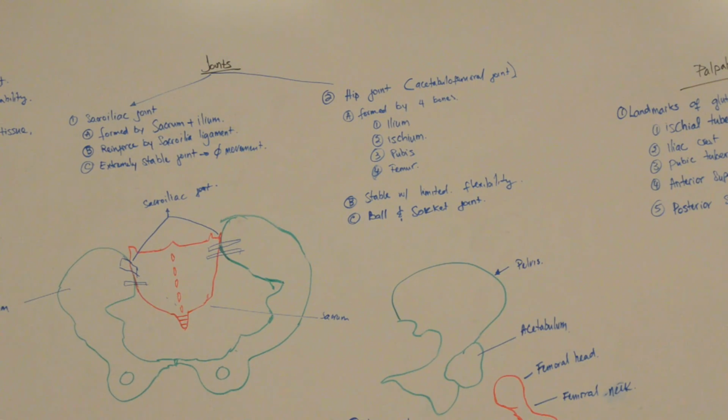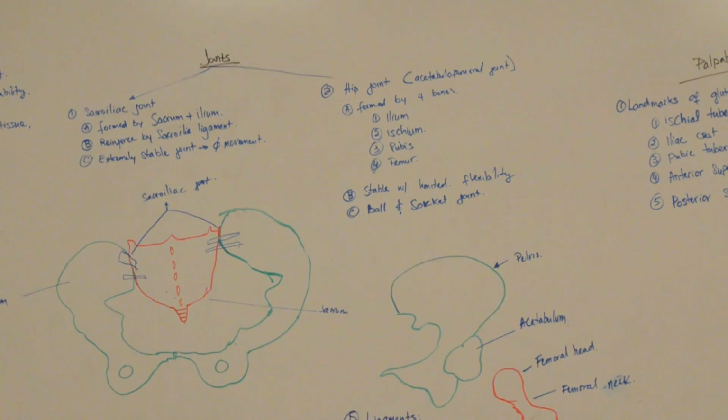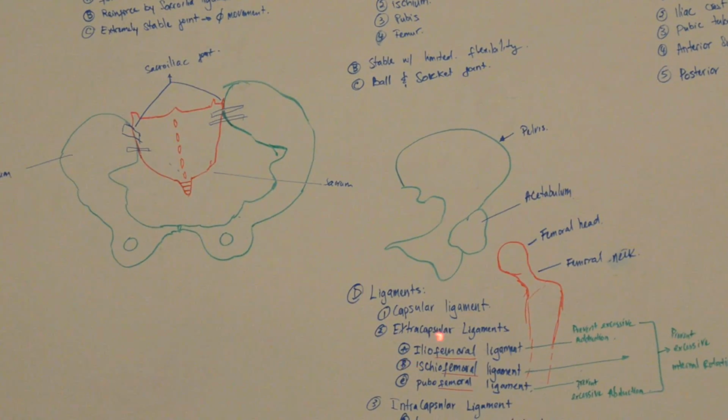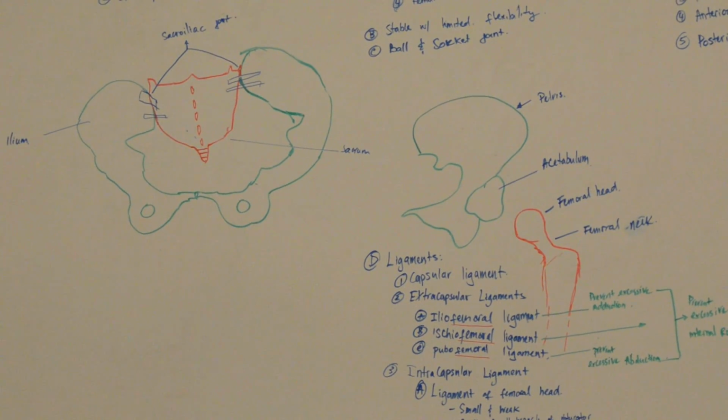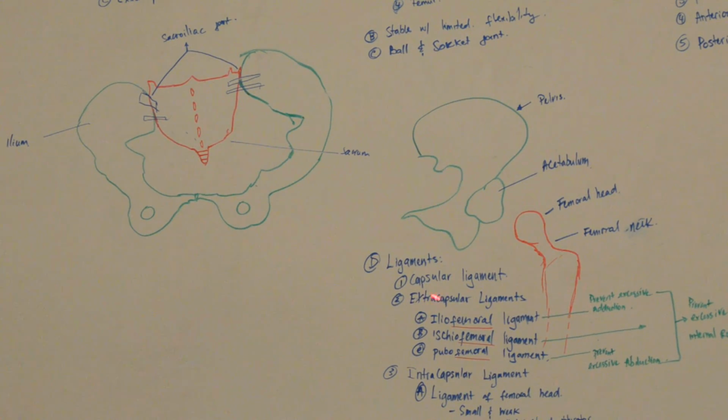The ligaments used to reinforce this joint are the capsular ligaments. The capsular ligaments will cover this whole joint right here. It's a capsule of the joint. And there are extracapsular ligaments.